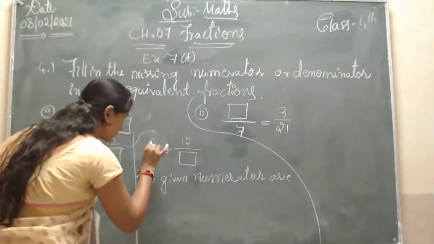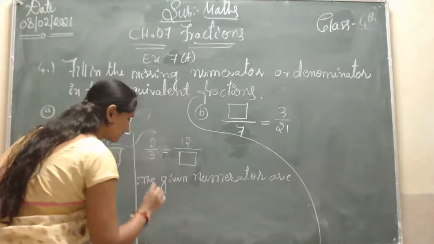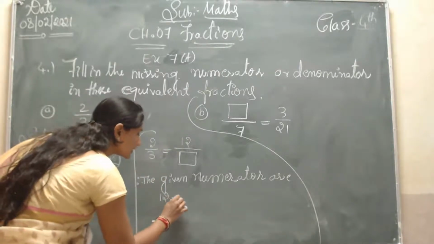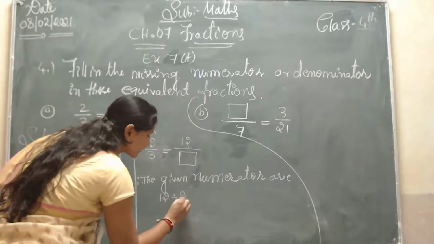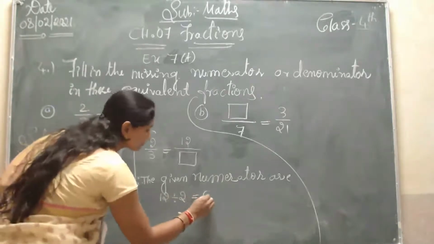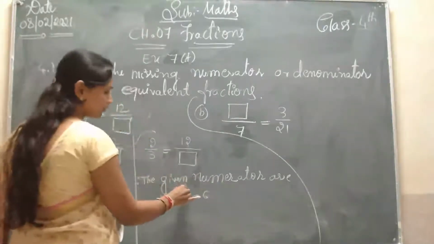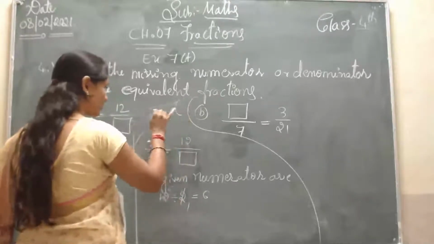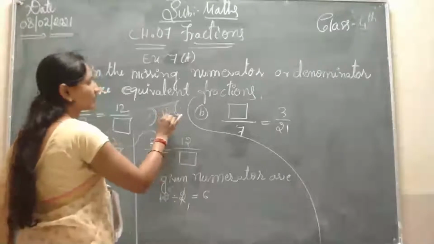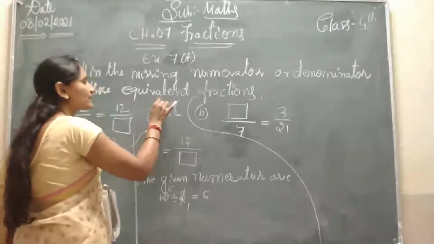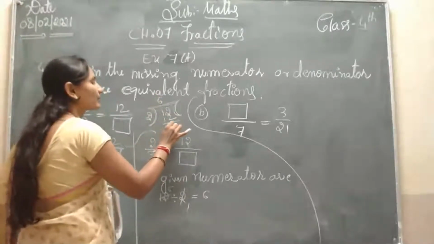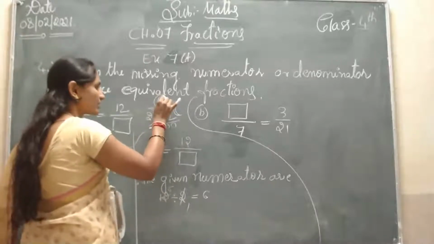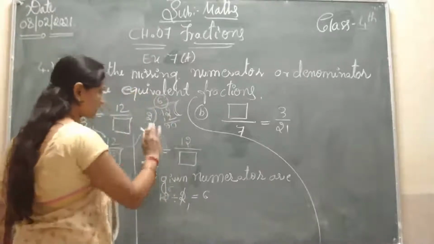Now you have to divide. 12 divided by 2, because 2 6s are 12. In the traditional division method, 2 6s are 12, so the remainder will be 0. The quotient is 6, so you write 6 here.